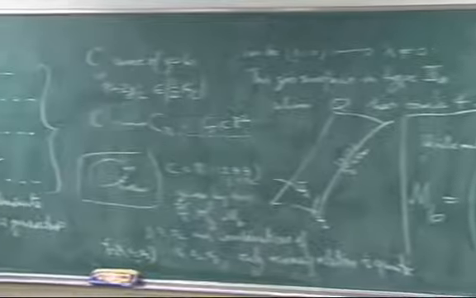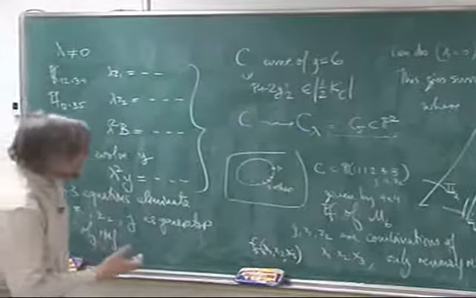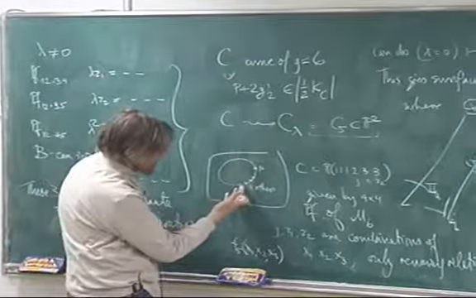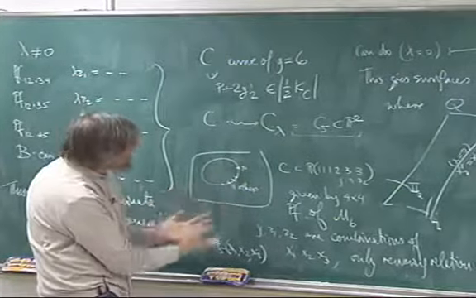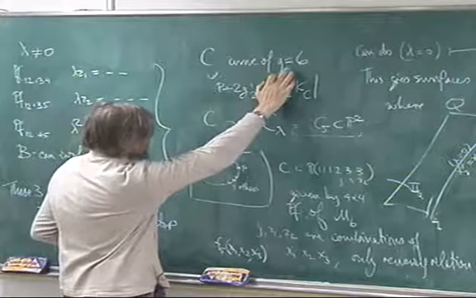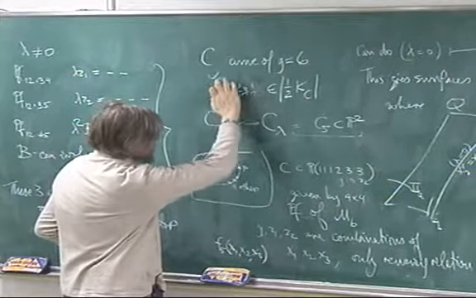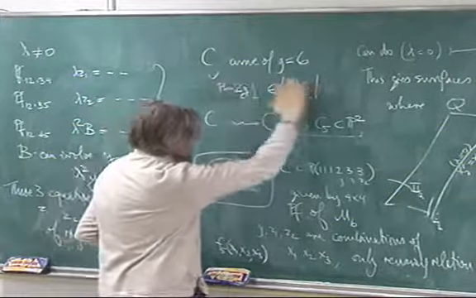I don't really know how to explain this, but there's a geometric thing that's happening, which is where inside the moduli space of curves of genus 6, I have this curve which has this non-generic property.